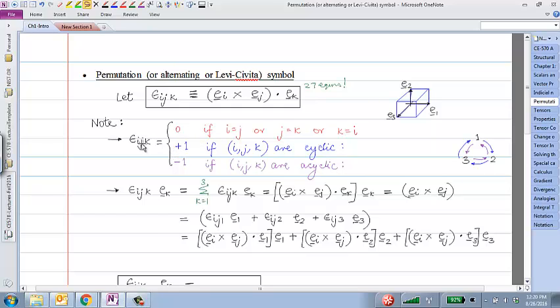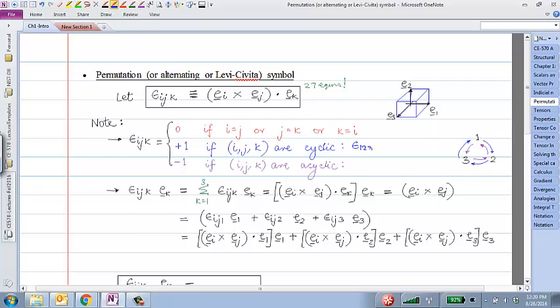And the value of that epsilon ijk would be positive 1 if i, j, k, whatever those 3 numbers are, happen to occur in a cyclic order, something like either 1,2,3, or 2,3,1, or 3,1,2. So maybe I should write that.